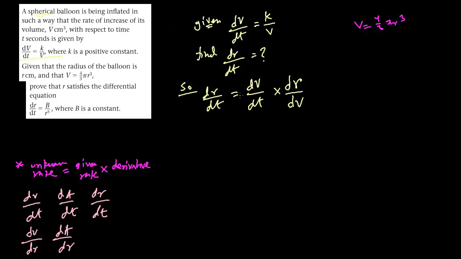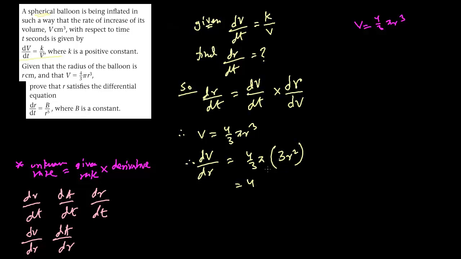In that case, the dV cancels and we get dr by dt. The formula for the volume of a sphere is 4/3 pi r cubed. Therefore, dV by dr is going to be 4/3 pi, which is a constant, so r cubed's derivative is 3r squared. We can simplify this as this 3 cancels, 4 pi r squared.